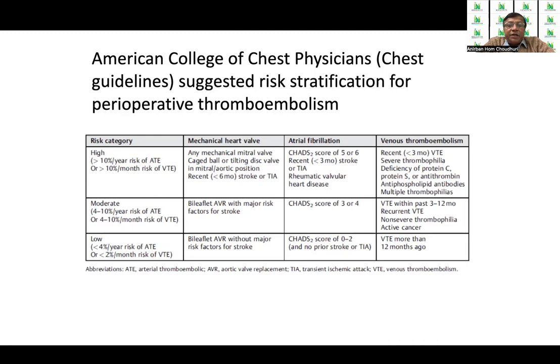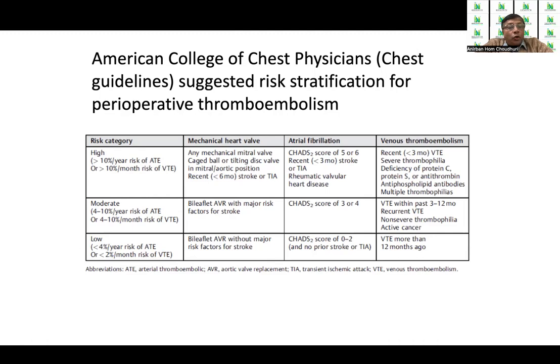If atrial fibrillation corresponds to a CHADS2 score of 3 or 4, the risk is moderate. And if the venous thromboembolism has occurred within the past 3 to 12 months, and if there is recurrent venous thromboembolism, non-severe thrombophilia, or active cancer, then also the risk of perioperative thromboembolism is moderate.